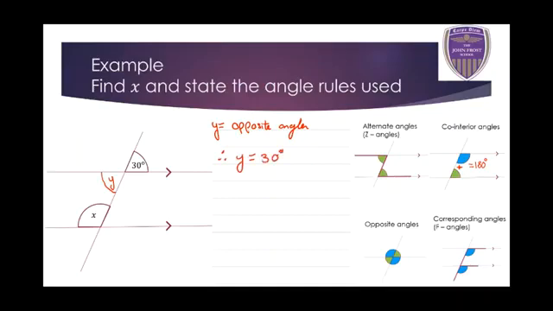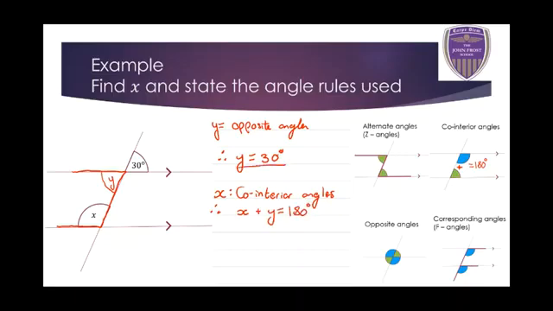Now in order to find angle x, because we know angle y, we now have two co-interior angles. So that must mean for angle x we're going to use co-interior angles. Therefore x plus y is equal to 180 degrees.